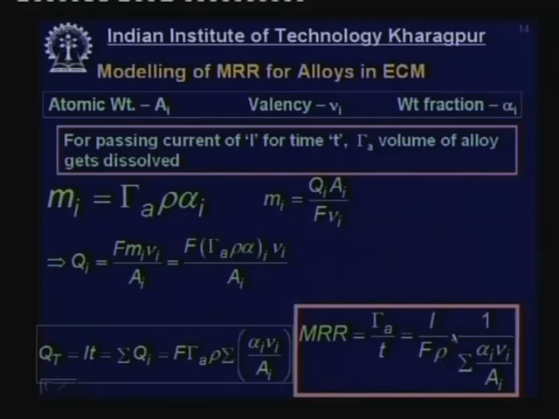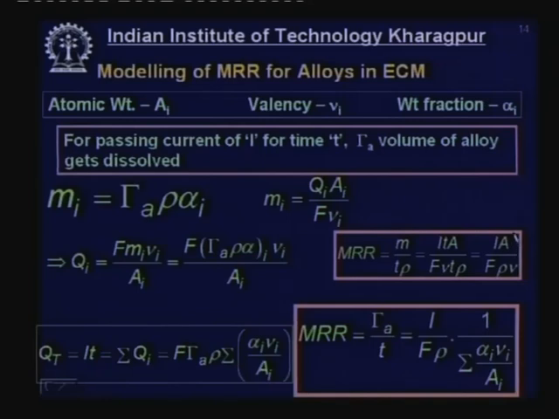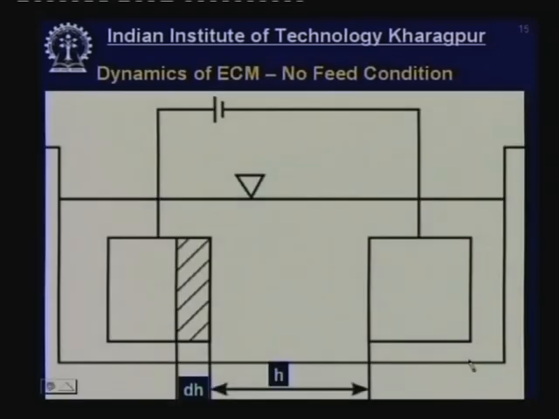The difference is, in case of an element, it is proportional to the ratio A by nu, but here because it is an alloy, it goes in the denominator and is summed up. Why is it summed up? Because you have different weight fractions, different valencies and different atomic weights. Otherwise, if you look at the structure, they are very, very similar.